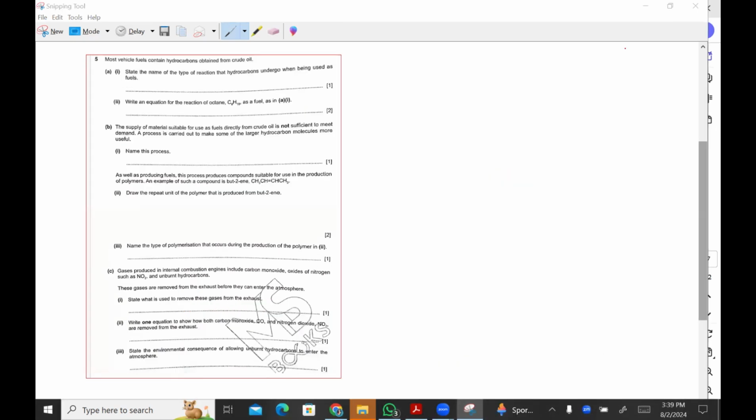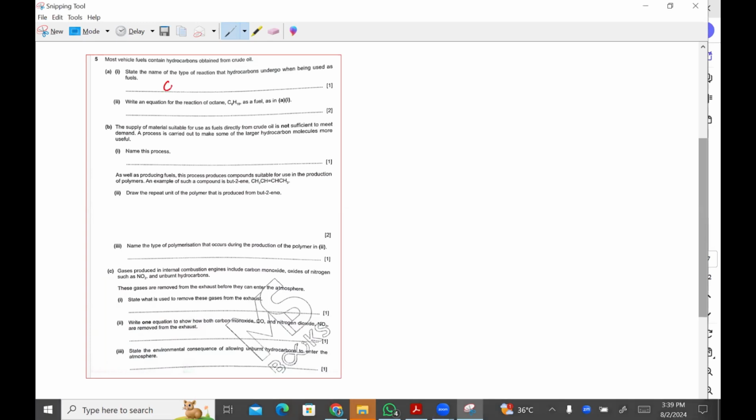Most vehicle fuels contain hydrocarbons obtained from crude oil. State the name of the type of reaction that hydrocarbons undergo when being used as a fuel. So what kind of reaction would hydrocarbons undergo when they are used as a fuel? Is it combustion?